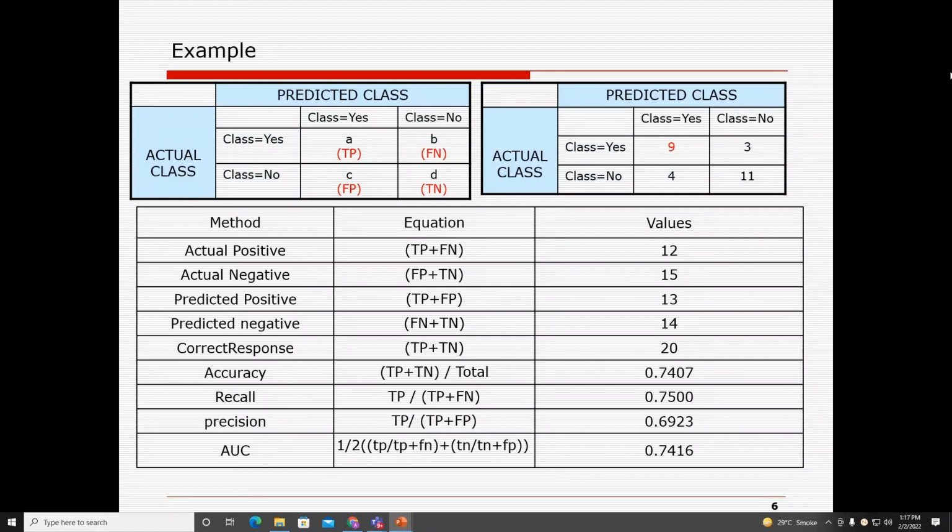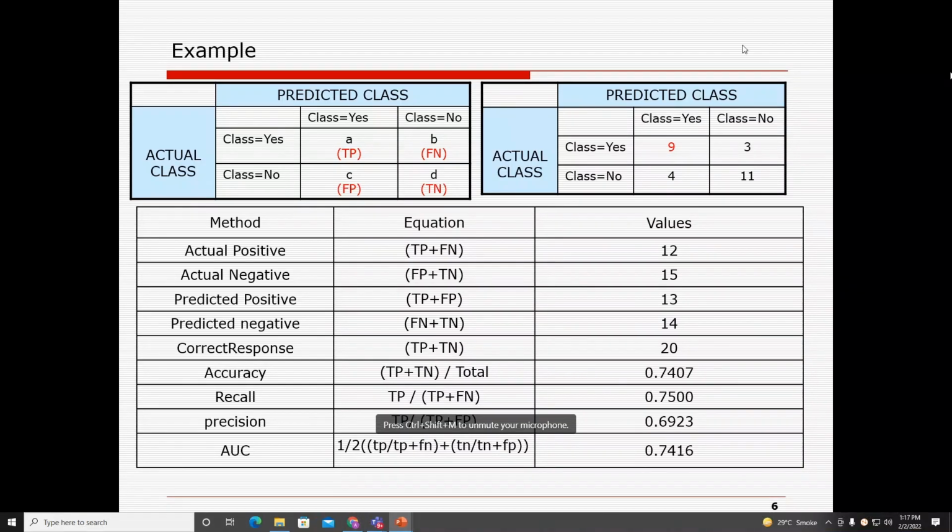Try to see. Tell me how many samples have been correctly classified? 9, 3, 4, 11. There are two classes, yes and no. How many are yes to yes and no to no? 20 samples. 20, right?